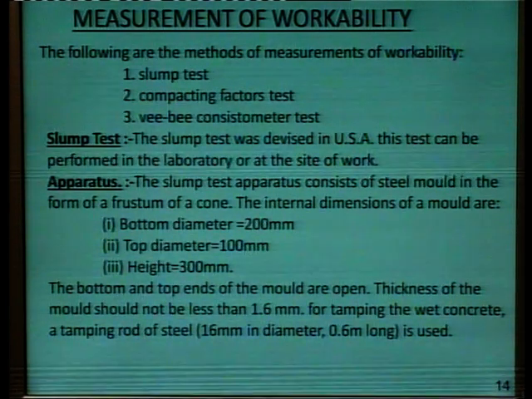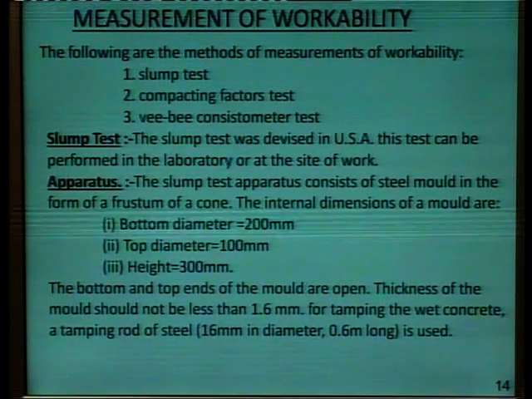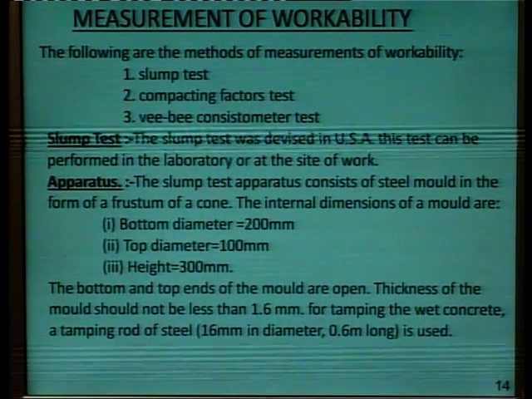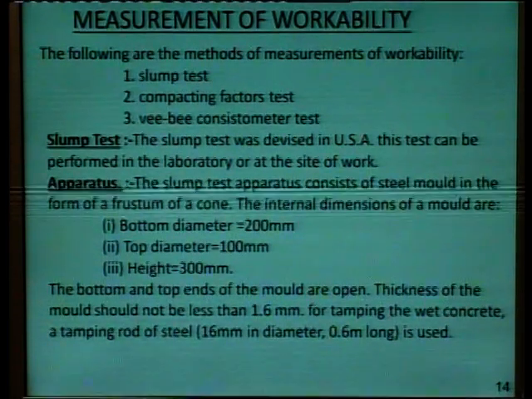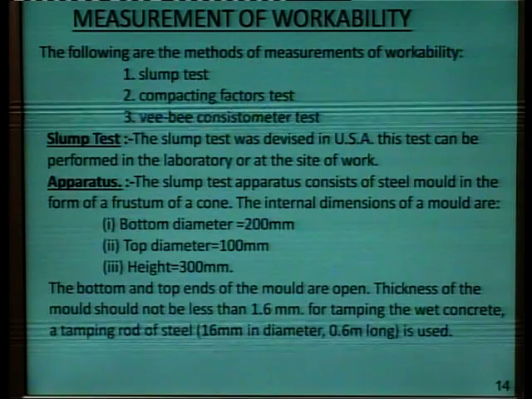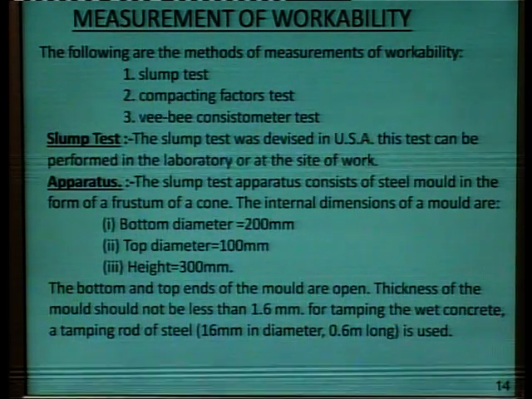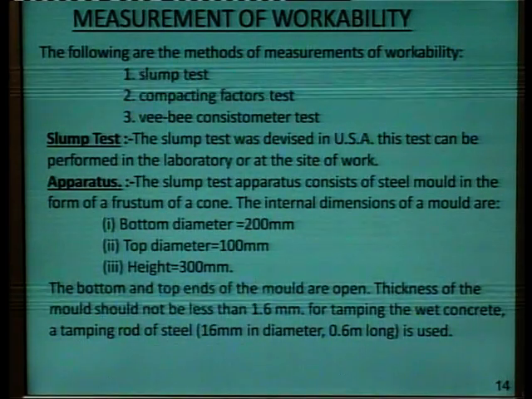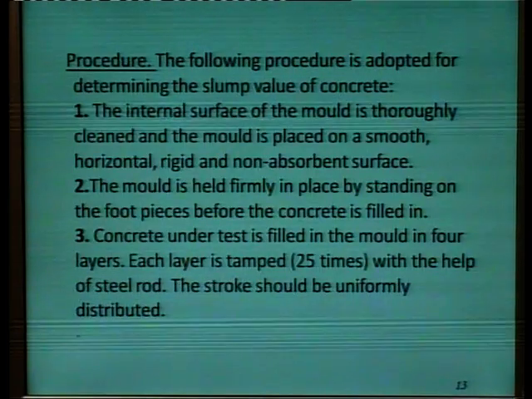Thickness of the mold should not be less than 1.6 mm. For tamping the wet concrete, a steel tamping rod 16 mm in diameter is used.